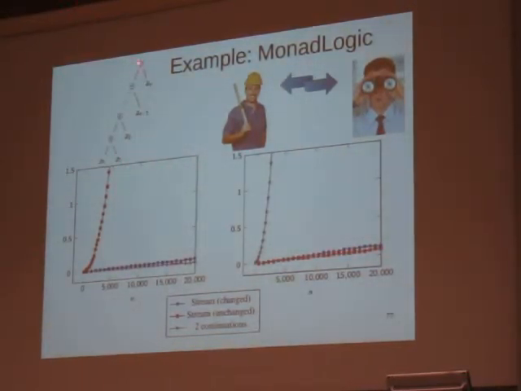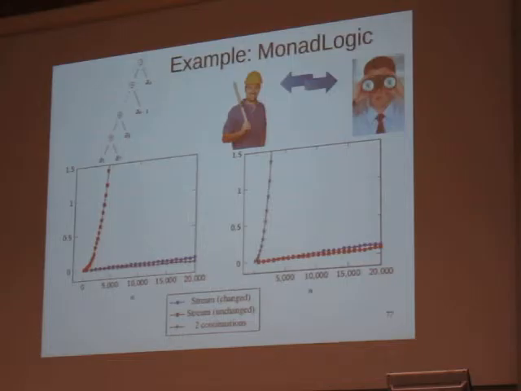Okay, so suppose we have a wrongly associated expression. Then we see that the original, straightforward red implementation becomes quadratic in the input size. But the two continuation implementation and our new fancy thing have no problems at all.